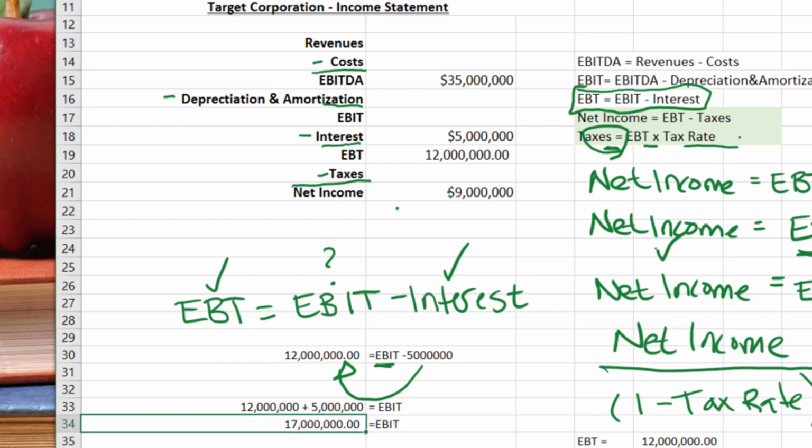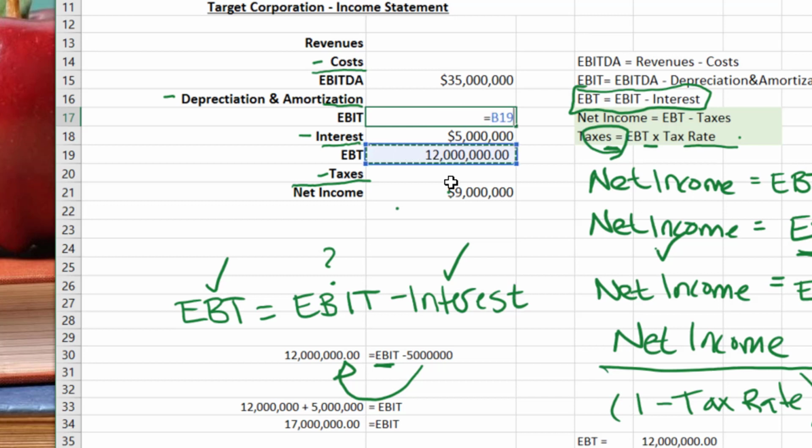Okay. And if I'm looking at it backwards here on my sheet, if I want that EBIT number, remember EBIT is equal to that 12 million plus 5 million. We're almost there, I promise.